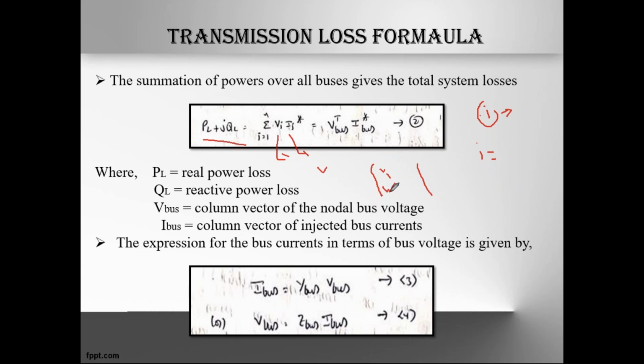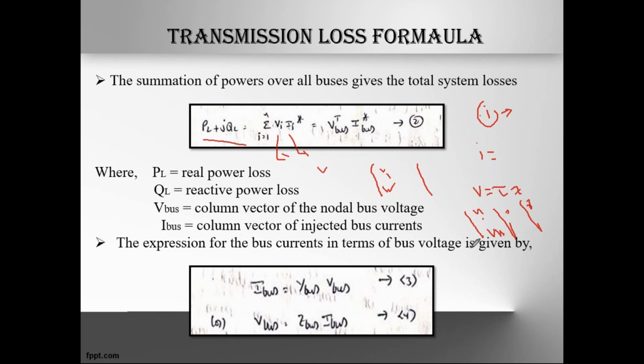Here V and I are both column vectors. So you can write V equals Z I. For the number of buses, you can write V1 to Vn, similarly I1 to In, and then Z11, Z12, Z21, Z22, and so on.